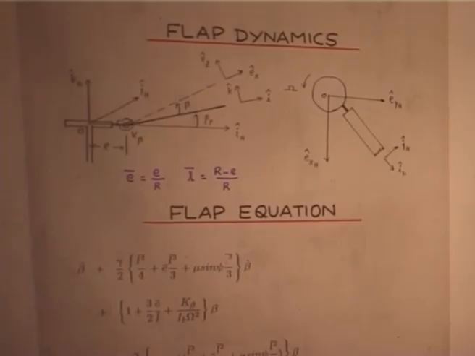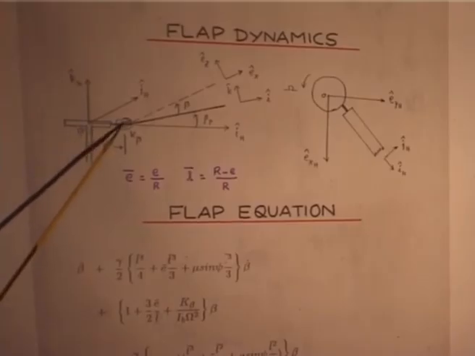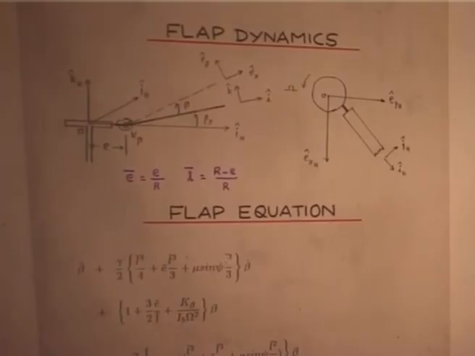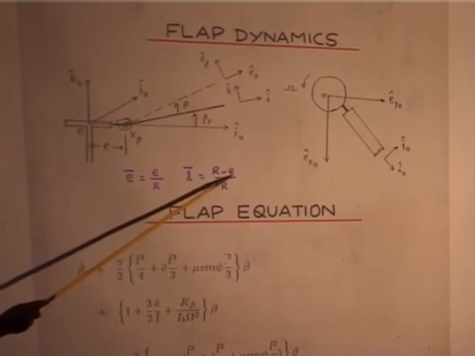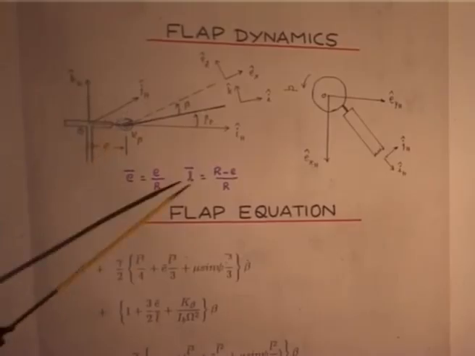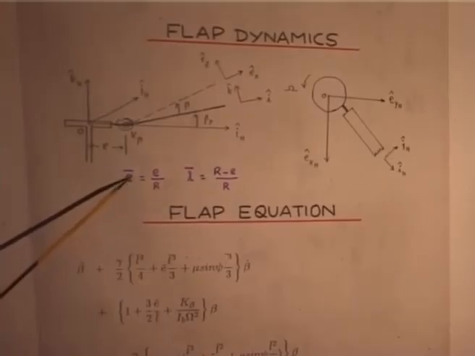But now the length of the blade is different from the radius of the disc, because the radius of the disc is E plus the length of the blade. So the blade length is R minus E, where R is the rotor radius and E is the hinge offset, non-dimensionalized with respect to rotor radius. I call it L bar. Similarly, E bar is the non-dimensional hinge offset.